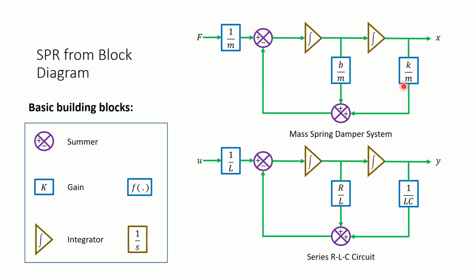So now it becomes a bit general. From the actual system, when you take it out, this sort of structure reveals a general idea. You can see both these systems, the RLC and the mass spring damper, have revealed the same general idea. The structure is the same.